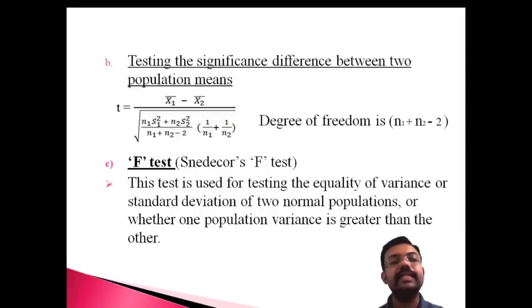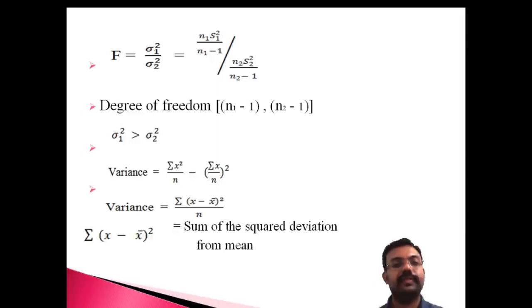Okay, let's see the formulas. From the formula point of view, what is F? F test equals variance 1 divided by variance 2. And how to find variance 1? Variance 1 means n1 s1 square divided by n1 minus 1, and variance 2 is n2 s2 square divided by n2 minus 1.